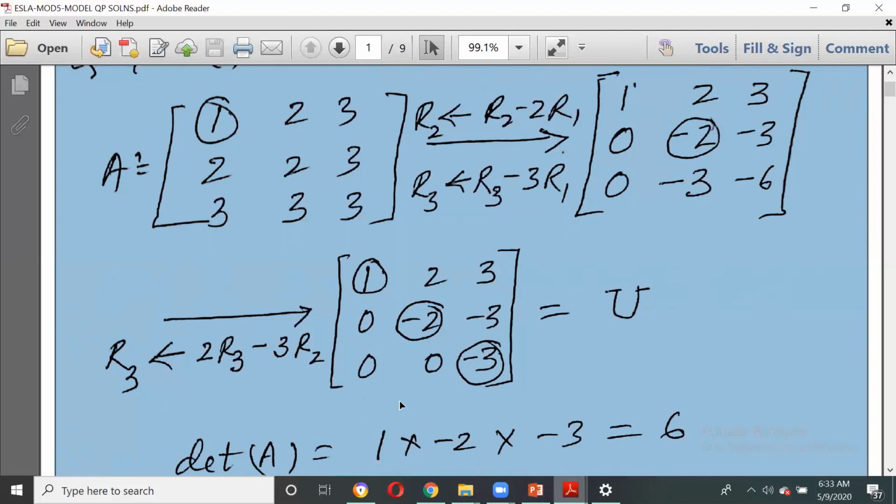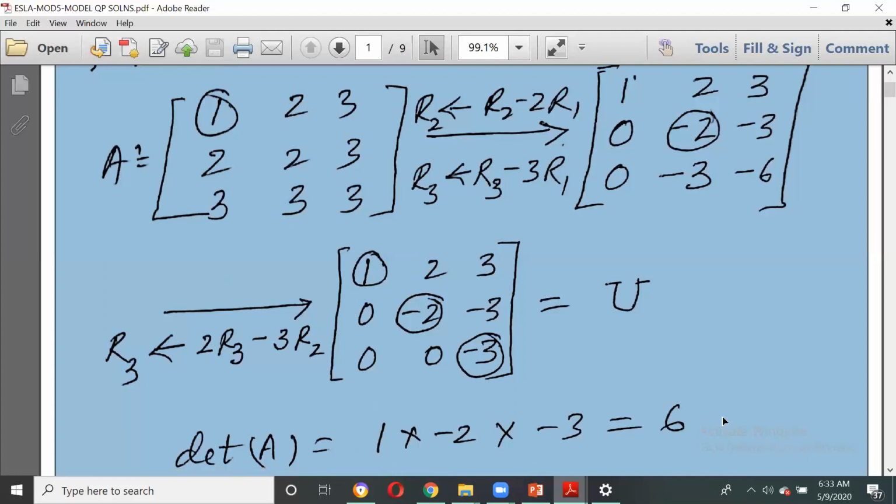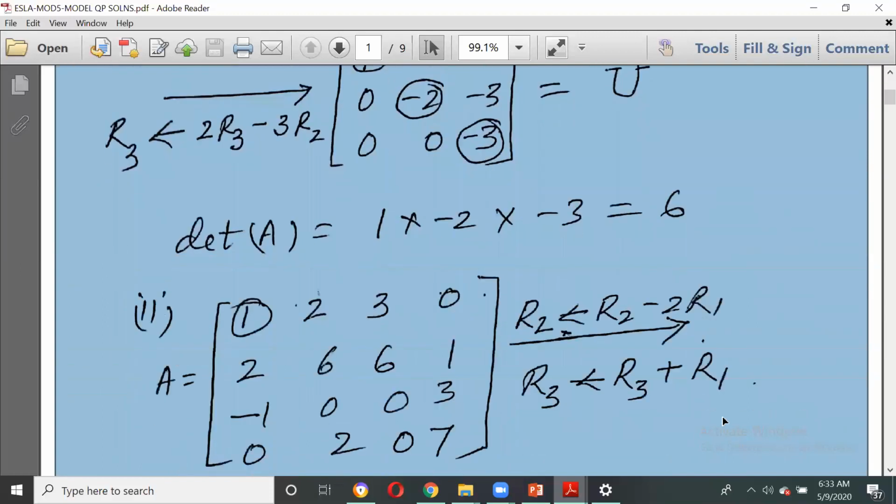So this gives us the echelon form. The pivots here are 1, minus 2, and minus 3. If you multiply these pivots, you'll get the determinant, and that turns out to be 6.